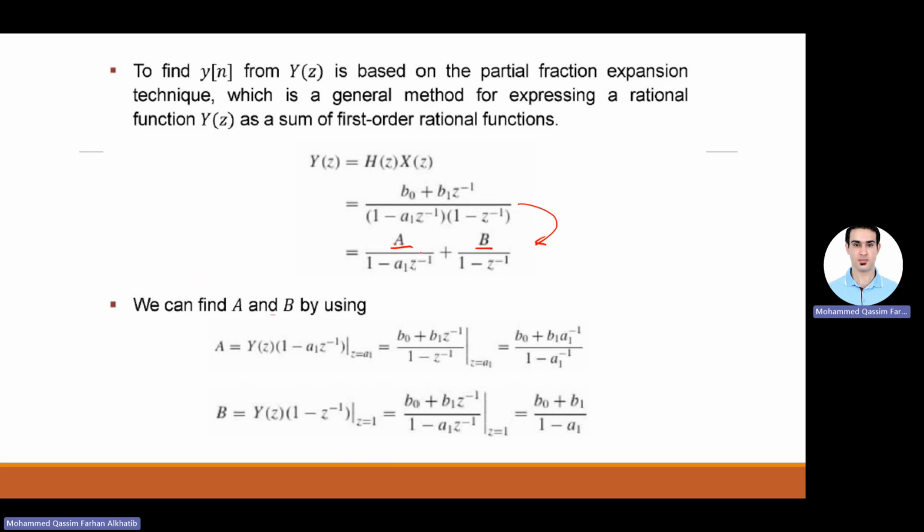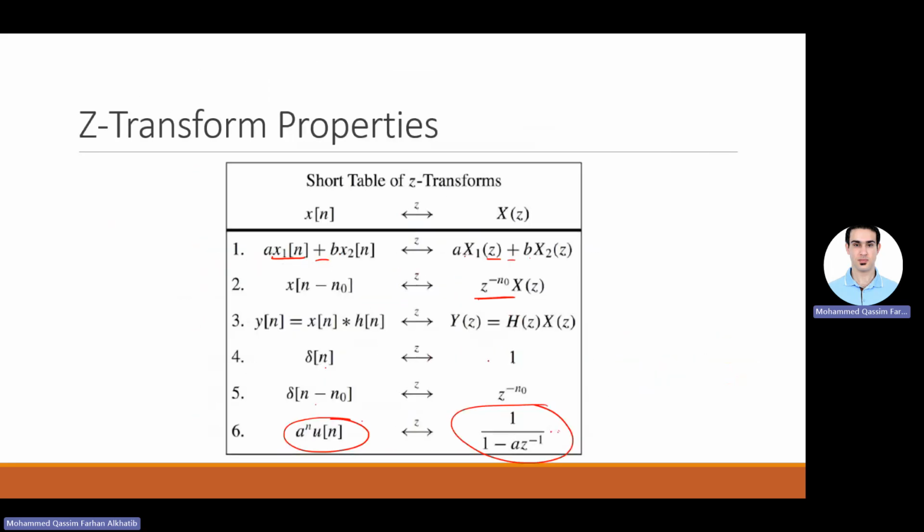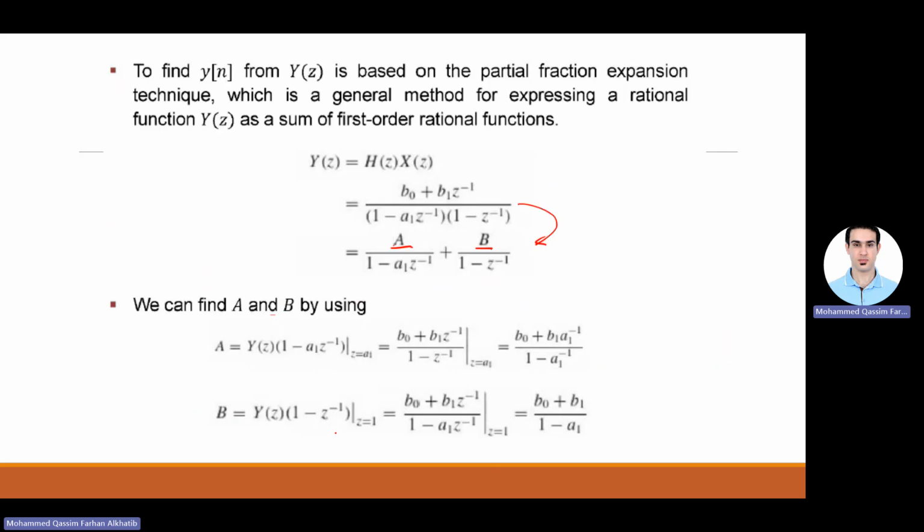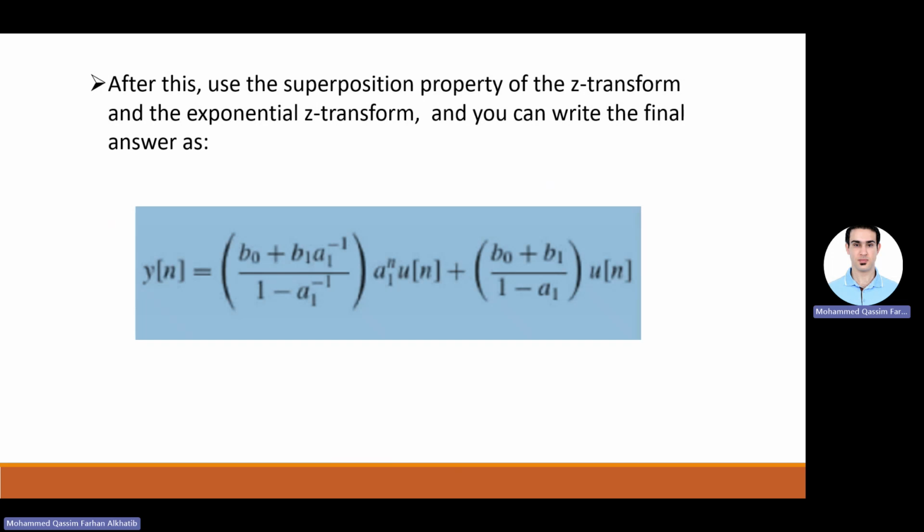So you have some constant over 1 minus a1 z^-1, and that constant to the power n times u(n). Notice there should not be any z here, it's just the constant value. Same thing here. That will be the inverse z-transform, so this is the value of y(n).